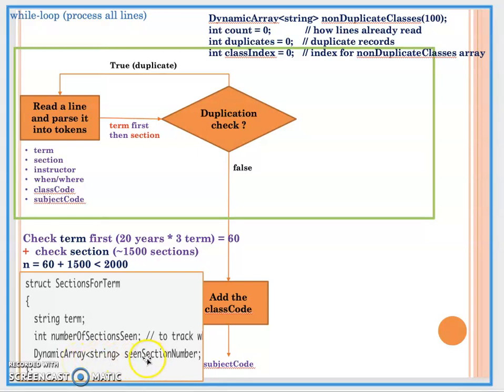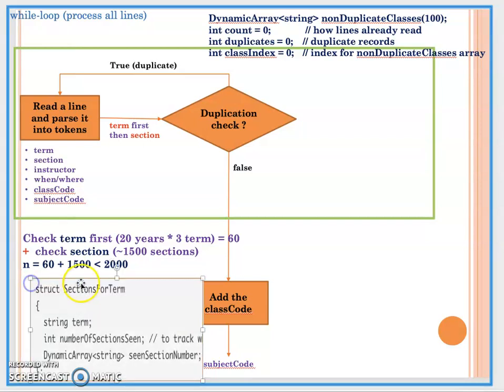We call this one the section number. The name you can decide yourself, but the purpose is to save all the section numbers one by one in this dynamic array. Here we choose a string because strings are easy to compare, so a 4-digit string. That's our section for term.